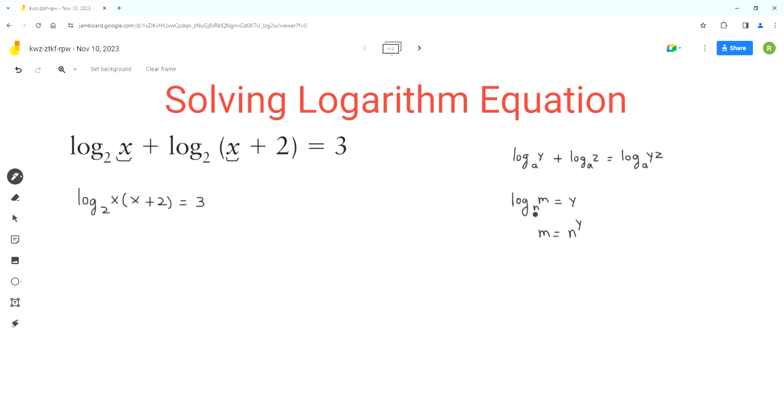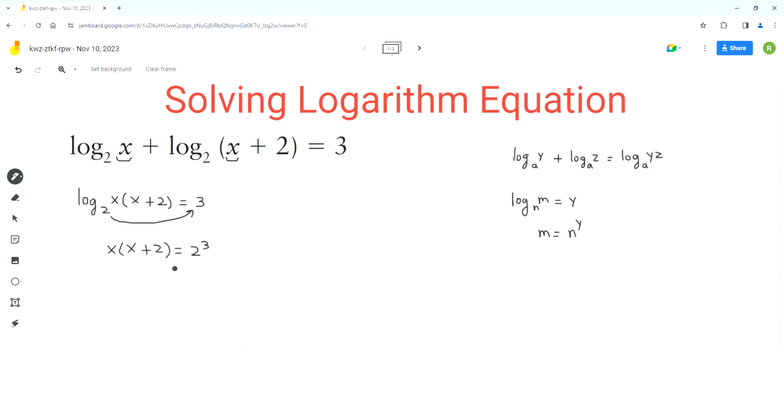So we can do the same step here. The 2 here, the base of the log, becomes the base of the exponential term. So we get x times x plus 2 equals 2 to the power 3.